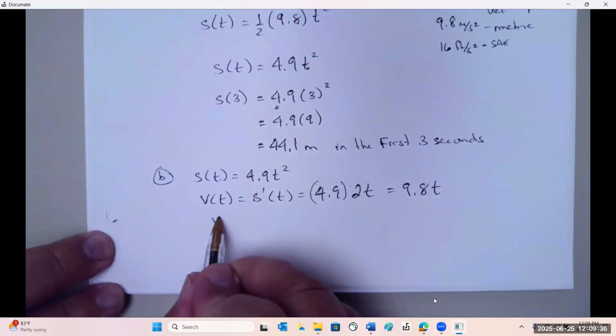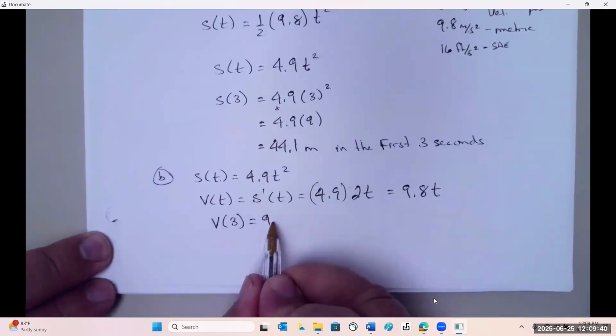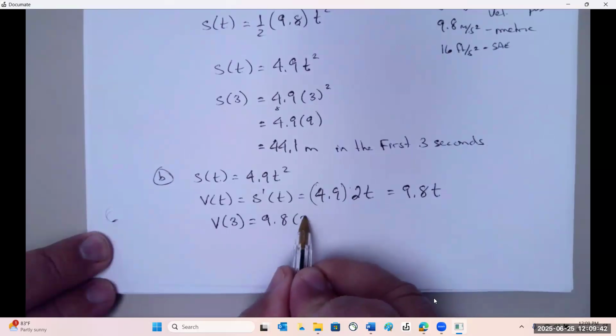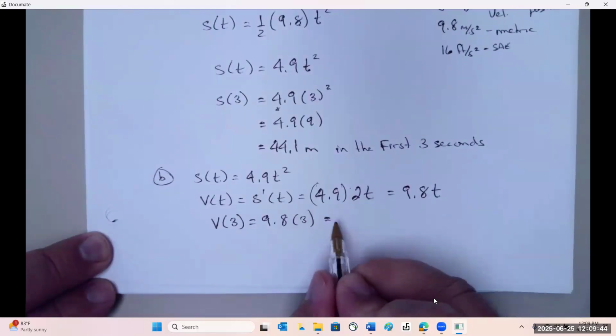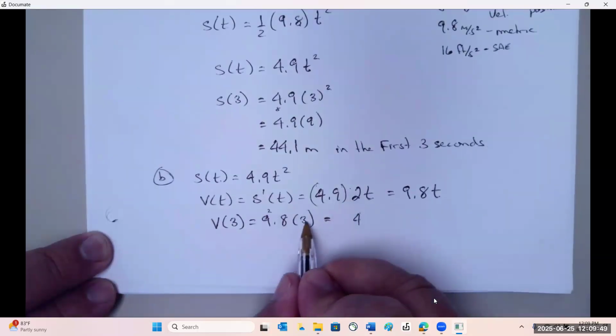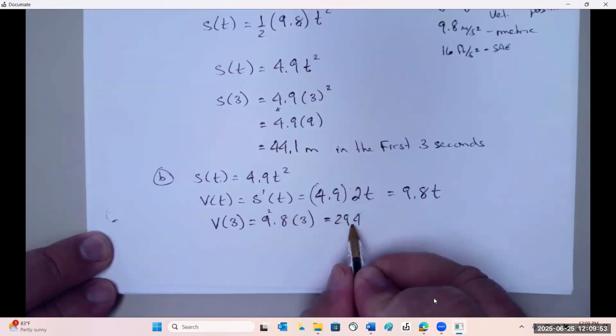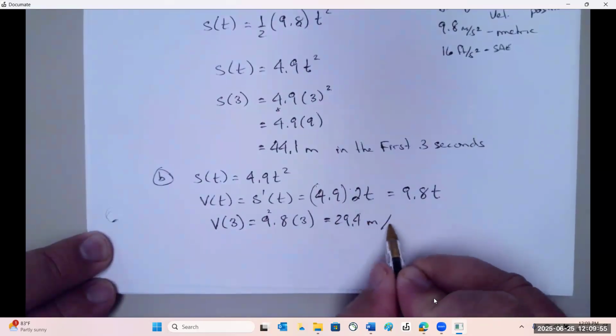So we want the velocity at 3 seconds. So 9.8 times 3. 3 times 8 is 24. 3 times 9 is 27 plus 2 is 29.4 meters per second.